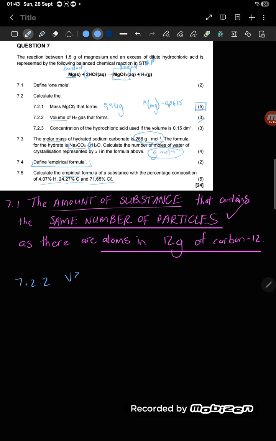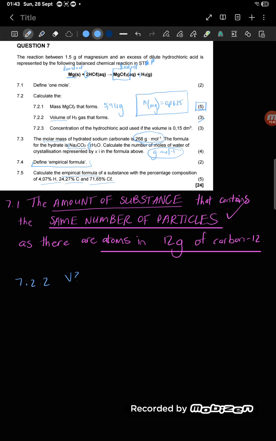The coefficients are all ones. So if I've got 1 mole, if I've got 0.0625 moles of magnesium, my reactants and my products are going to look a little bit similar.